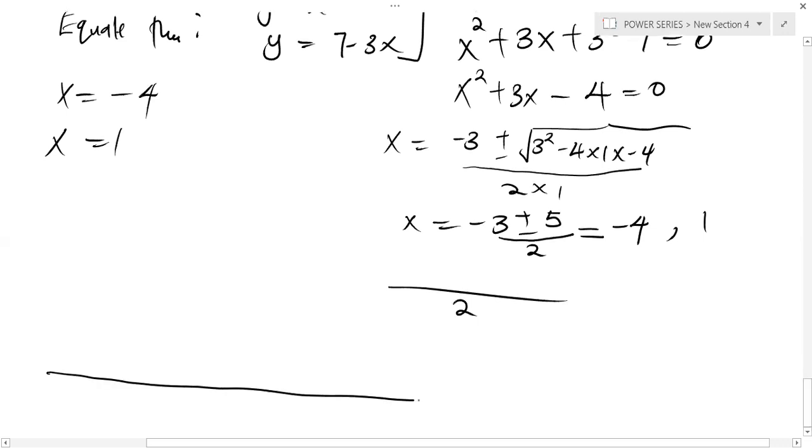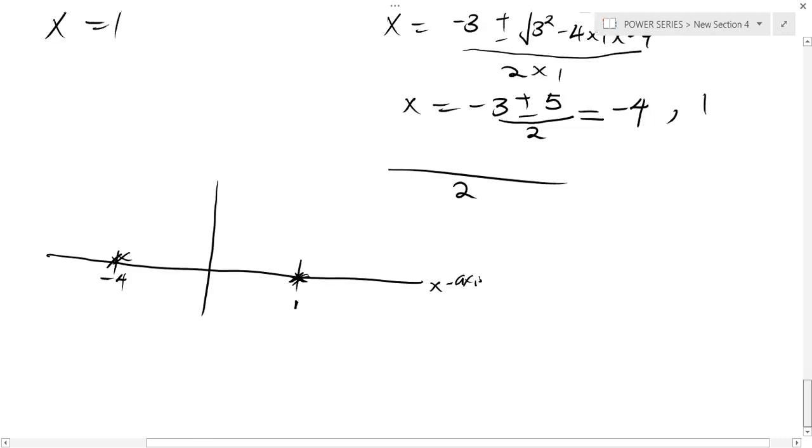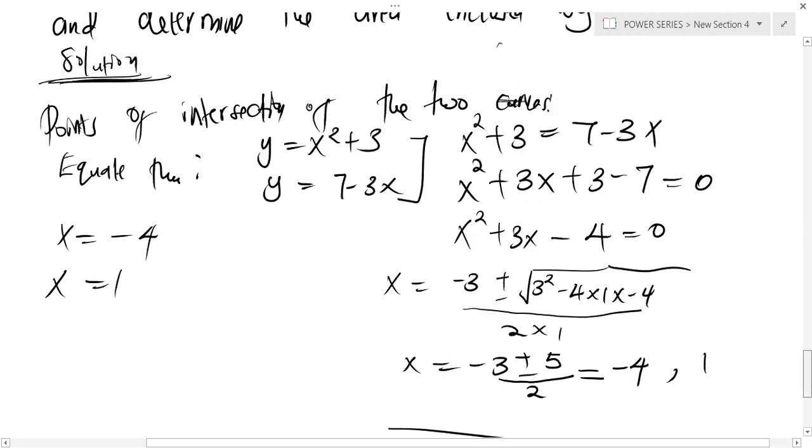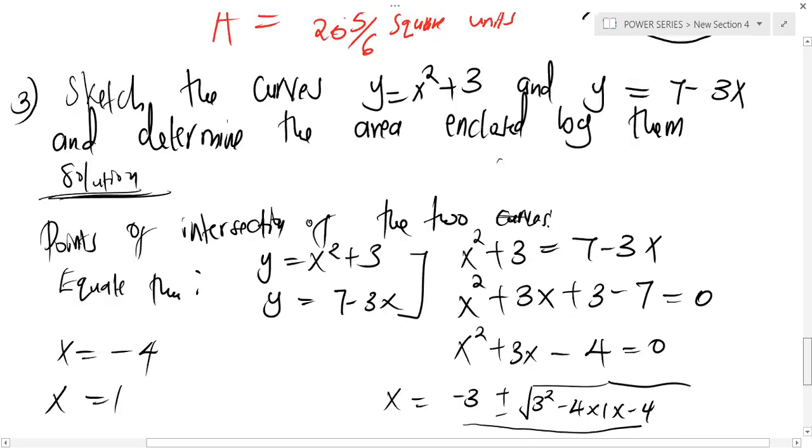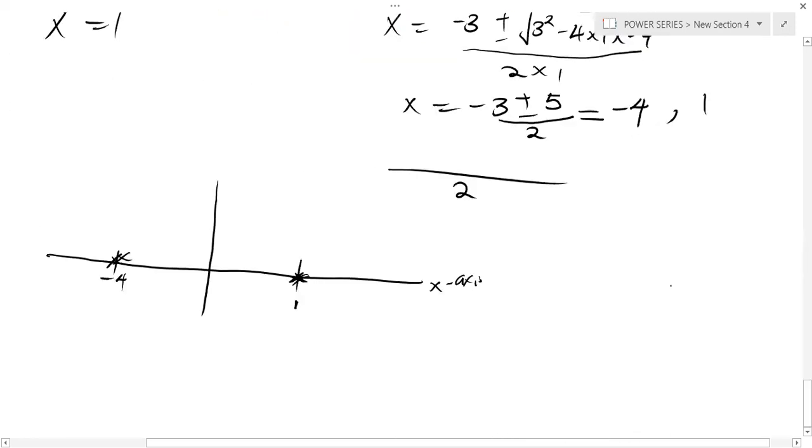So if we come to have a rough sketch, this is what I'm going to have. Let me draw the x-axis, and at x is equal to minus 4 and at x is equal to 1, the curve and the line are intersecting. So I want to get a few points of the line so that I see how exactly the line goes. The line is y is equal to 7 minus 3x.